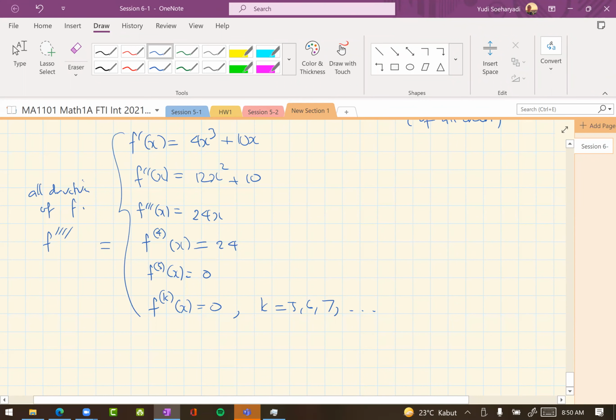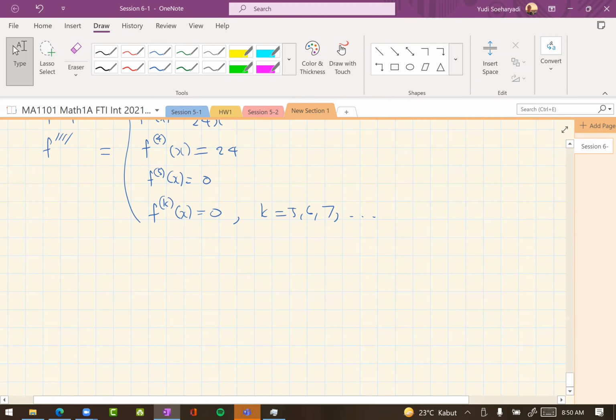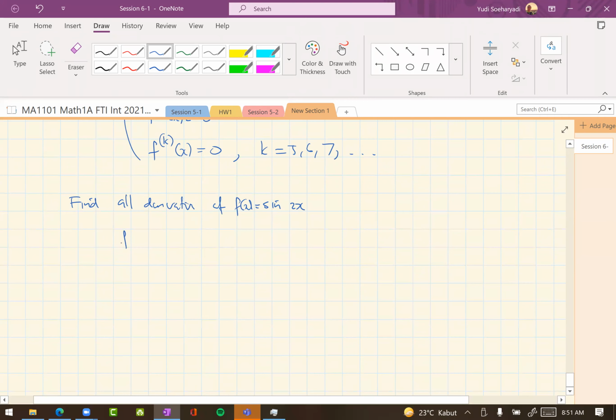Okay, one more thing. Same question: find all derivatives of sine 2x. So f of x is sine 2x. For f prime of x, we use the chain rule.